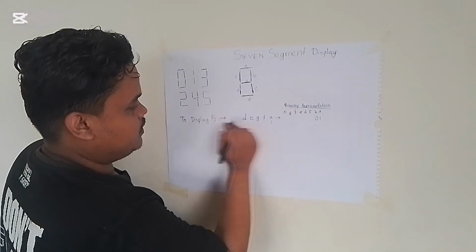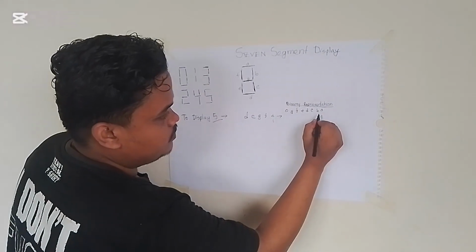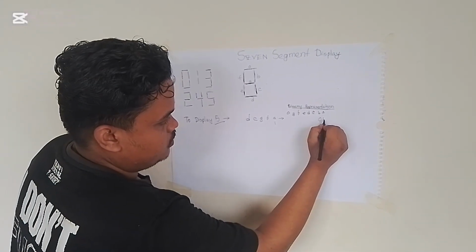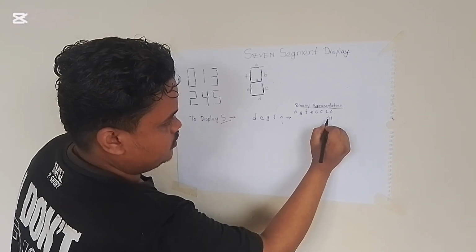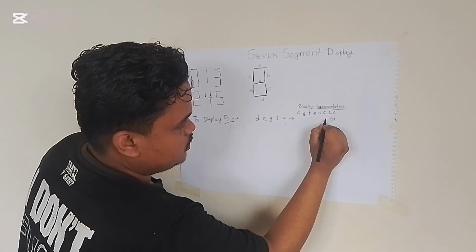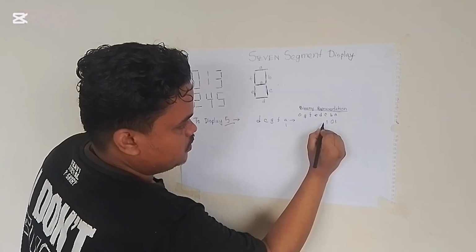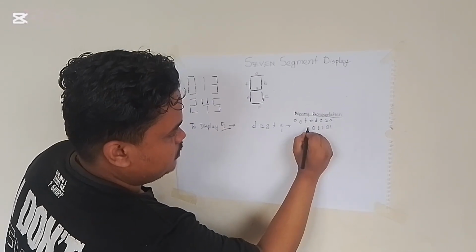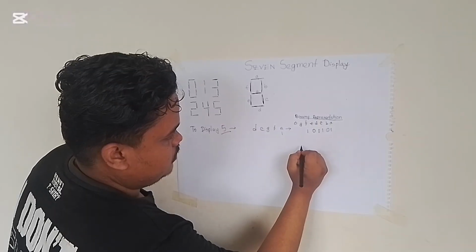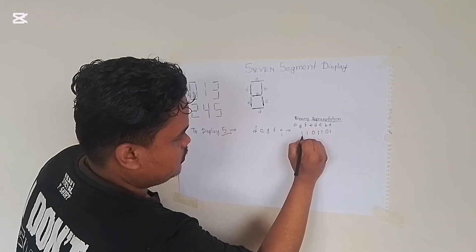Here is the binary representation of 5. A is on, B is off, C on, D on, E off, F and G.